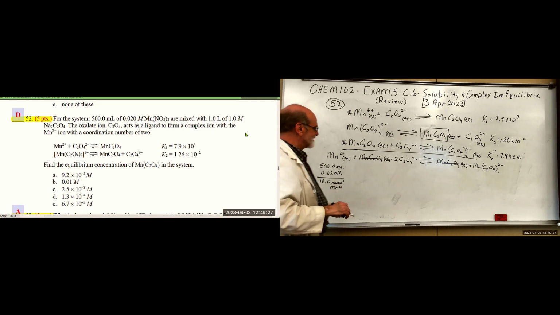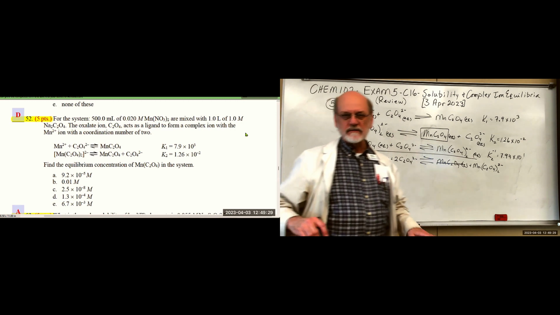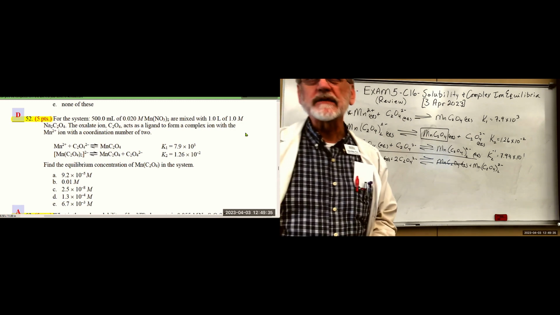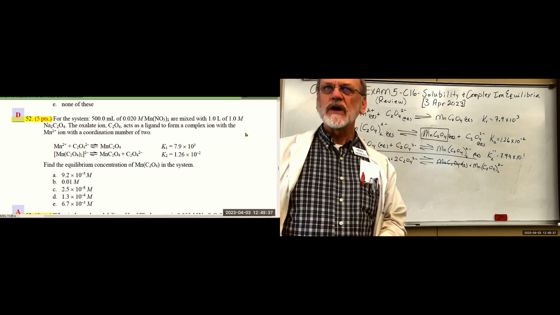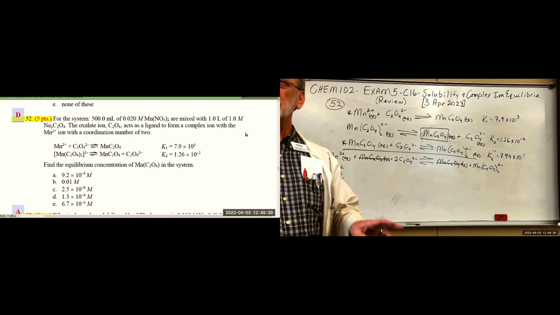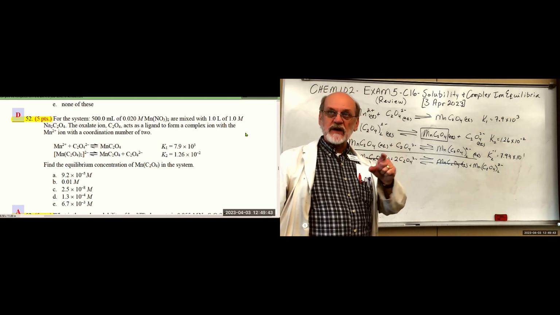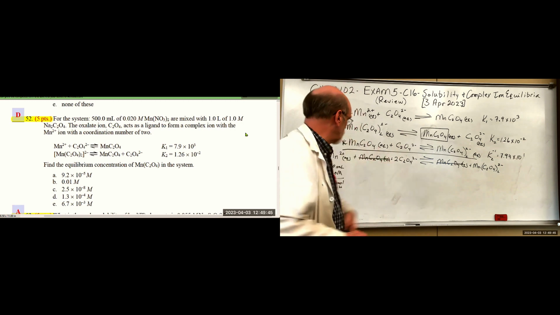All right. What are we starting out with for the other? It's 1 molar, isn't it? Yes, 1 liter of 1 molar sodium oxalate. 1 oxalate for each sodium oxalate means 1 liter times 1 molar.